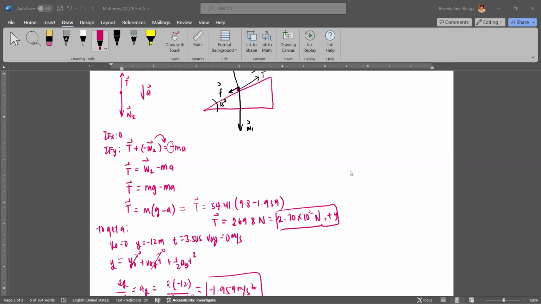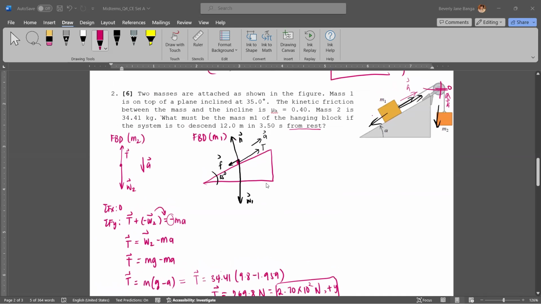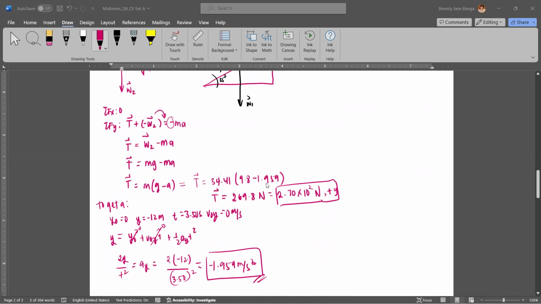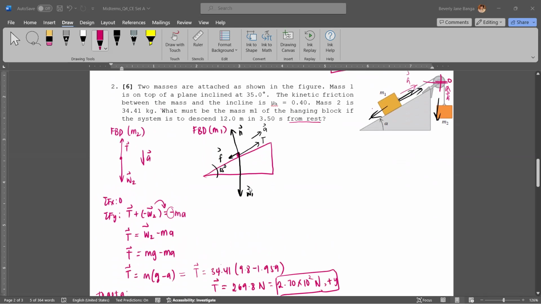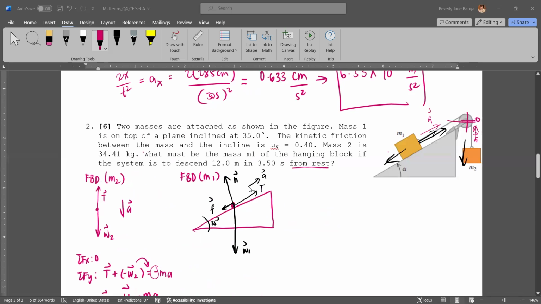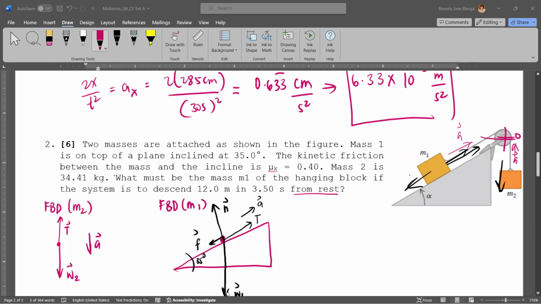Okay, so we proceed to the next part, which is, so nakuha na natin yung tension. Pero we're not interested with the tension. What we want to get here is the mass of M1. No? So, M1 yung gusto natin hanapin. So, we proceed with M1.